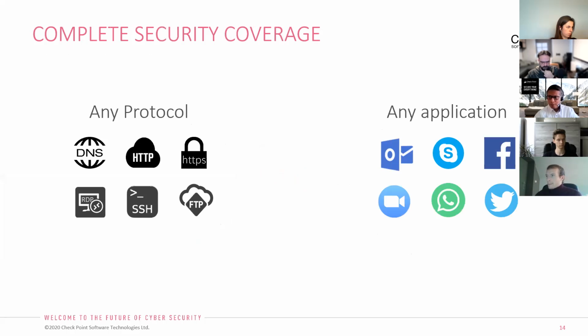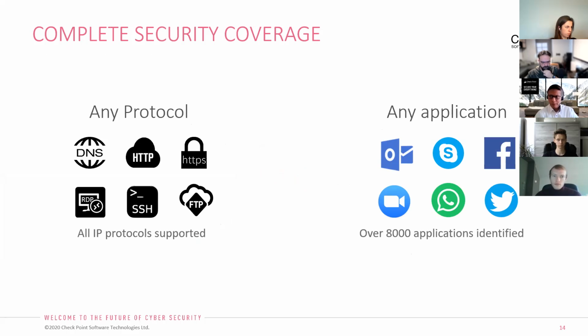So one important thing is that we cover most of the protocols. We support any IP-based protocol, being DNS, HTTP, RDP, SSH, FTP, or any application, so that we can guarantee the secure connection from the branch offices or the remote site to the application by pushing the policies from a centralized way to the branch offices.